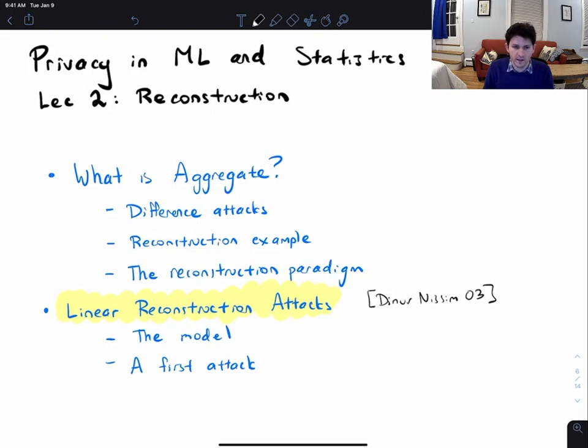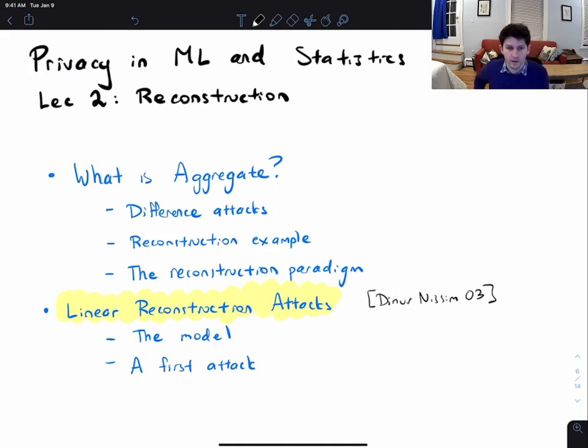So we can talk about specific trade-offs between what kind of statistics we're answering and how many, and how much noise is in them. And that's going to have implications for how much noise we need to achieve privacy later in the course. And the last is that linear reconstruction attacks are reconstruction attacks we can carry out efficiently with polynomial time algorithms based on linear programming.